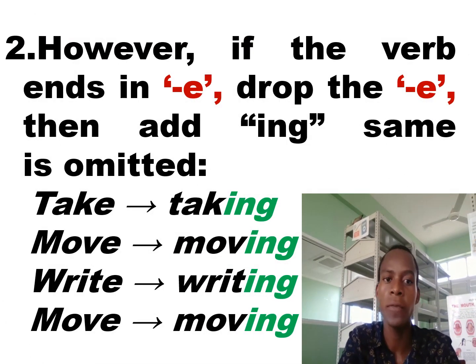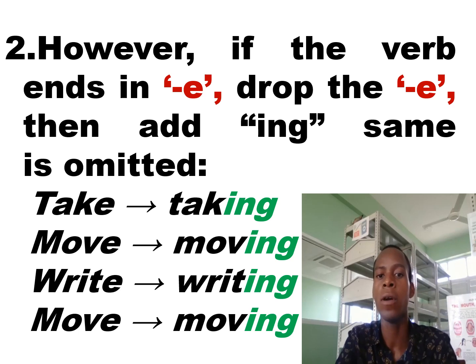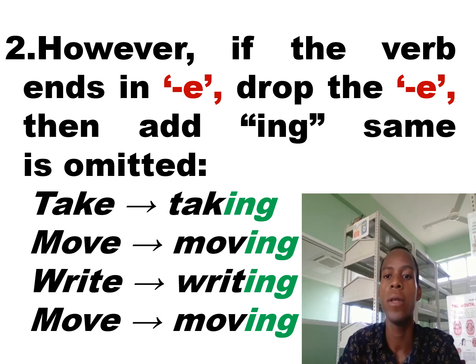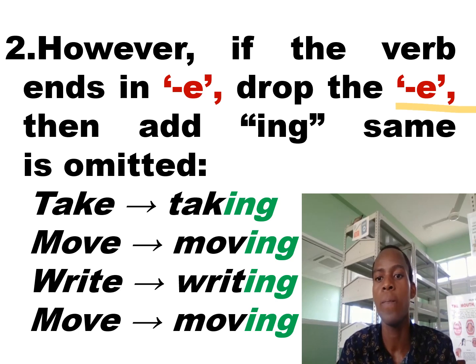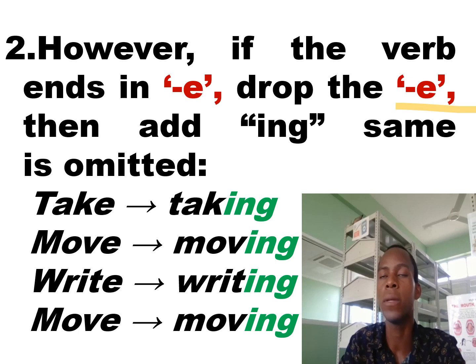The second principle, after the addition of ing, is that if the verb ends in e, if you have a verb like move, drop the e. Therefore, we need to drop the e sound in order to form the present participle.